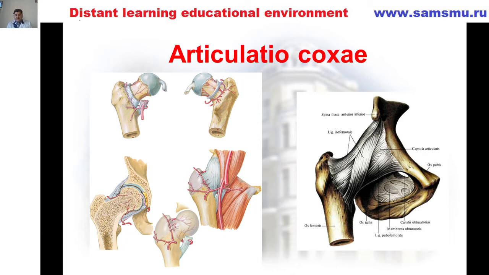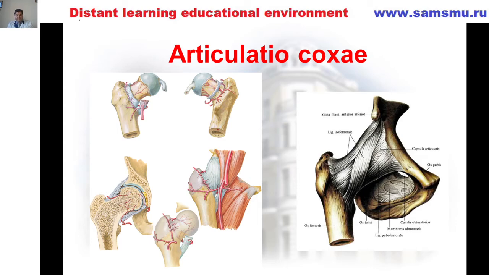The hip joint has two intra-articular ligaments, the above-mentioned transverse ligament of the acetabulum and the ligament of the head, ligamentum capitis femoris, whose base is attached to the edge of the acetabular notch and to the transverse ligament of the acetabulum. The apex is attached to the fovea capitis femoris.